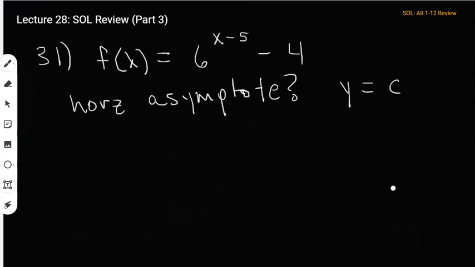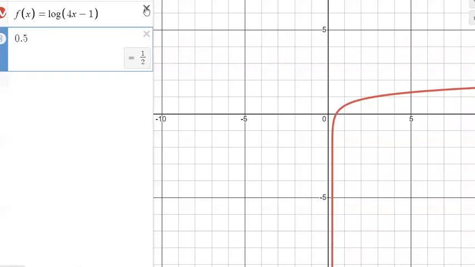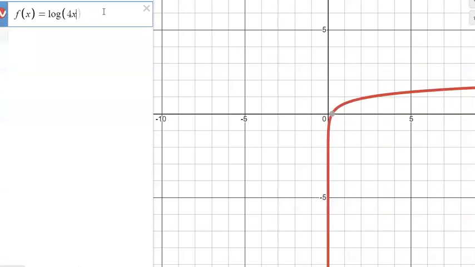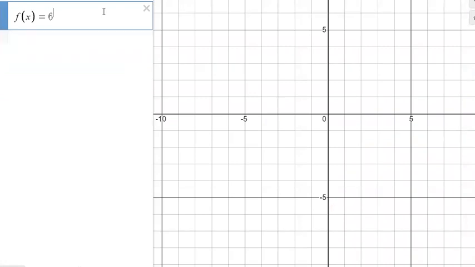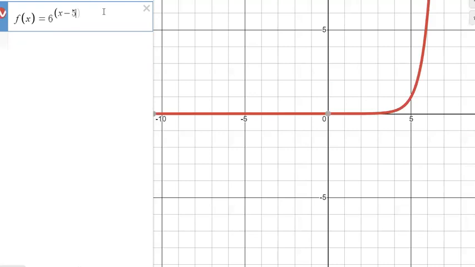So let's go ahead and graph this and see where the asymptote is. So 6 is going to be our base, and we're raising it to the x minus 5 power. I'm going to put this in parentheses so it doesn't mess up on me.